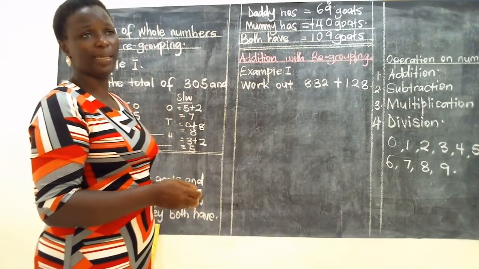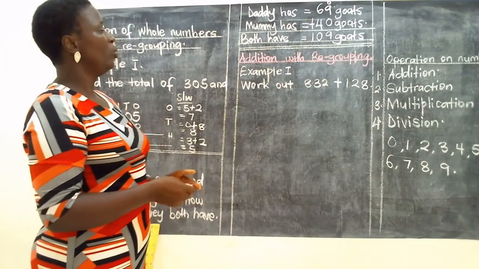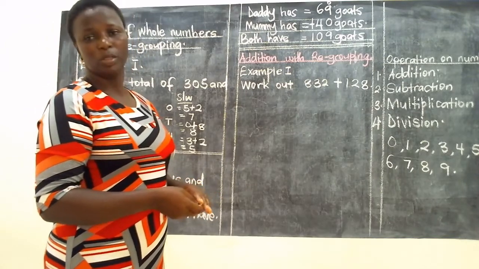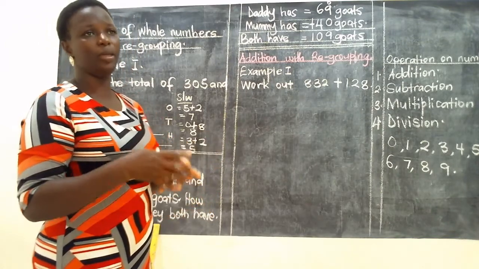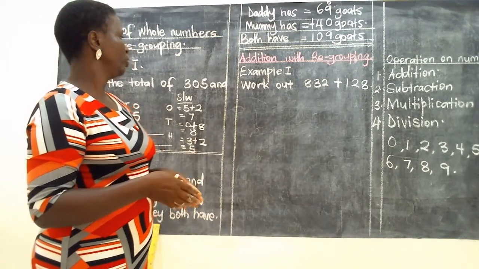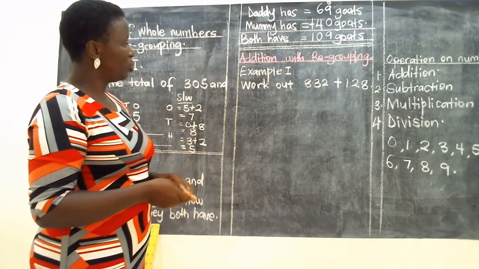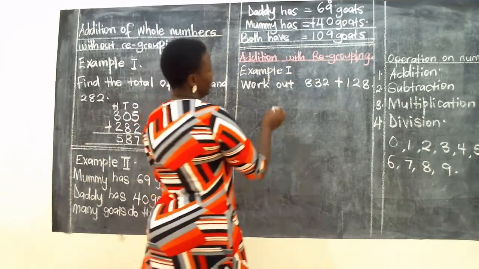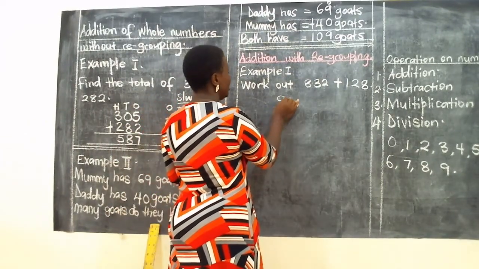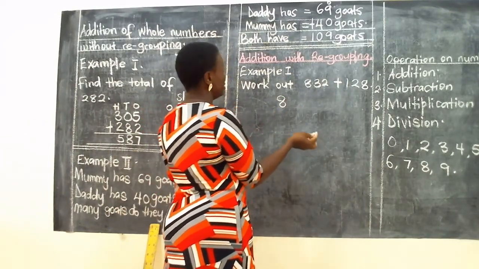Somewhere we are going to get an answer or a sum which is a 2-digit number. So I want us to look at how we can deal with such. 832 plus 138. Write it vertically according to the place values.